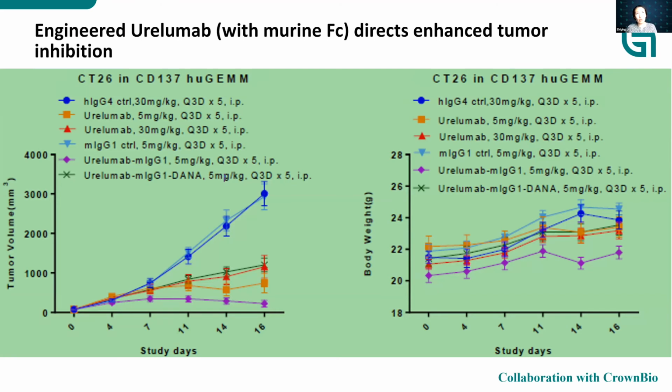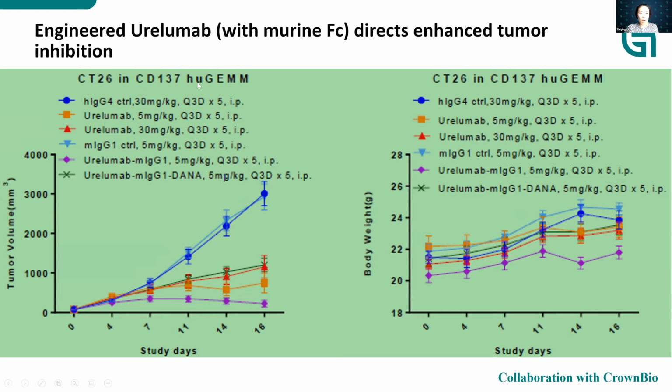So we were wondering, where is the 4-1BB antibody urelumab in terms of the Fab affinity versus the Fc receptor engagement? What we designed is urelumab by itself at two different doses, shown in orange and red. As you can tell, they can suppress tumor.